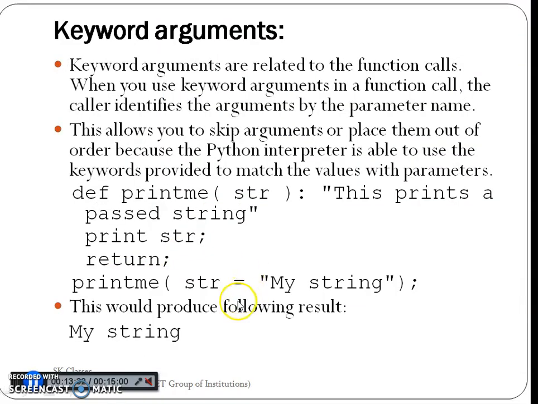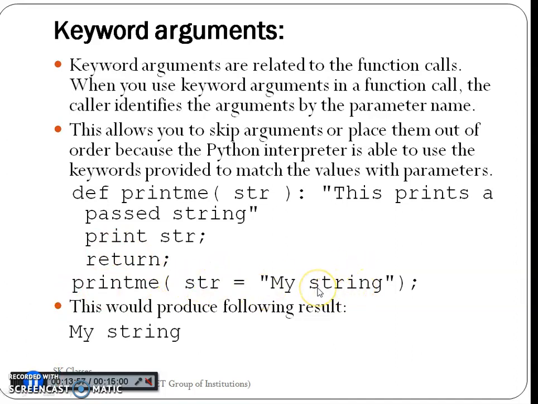Next concept is keyword argument. Keyword arguments are used along with the variable name and the formal parameters. Like if we define this function str, this str is the name of the variable. If at the time of calling we are using those names, then these names become keywords. Okay, so along with the name of the variable, we are giving the value.